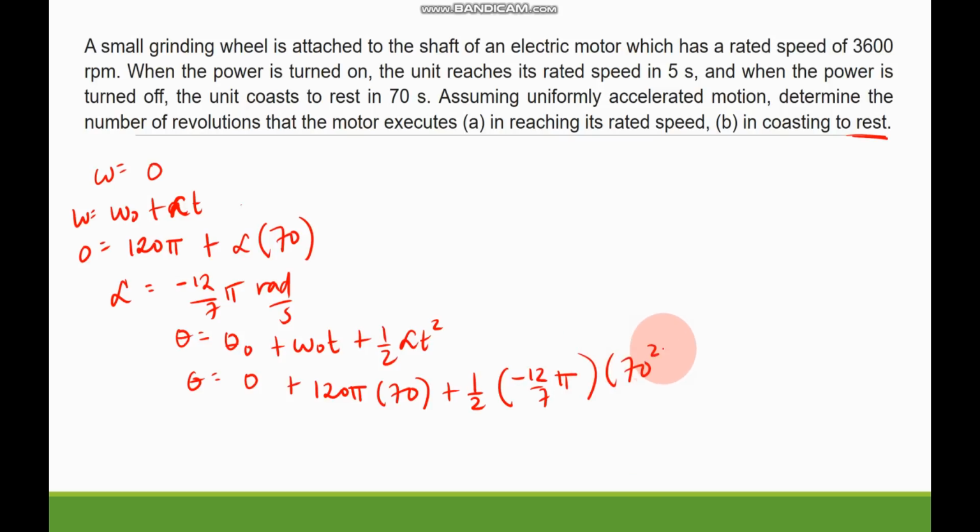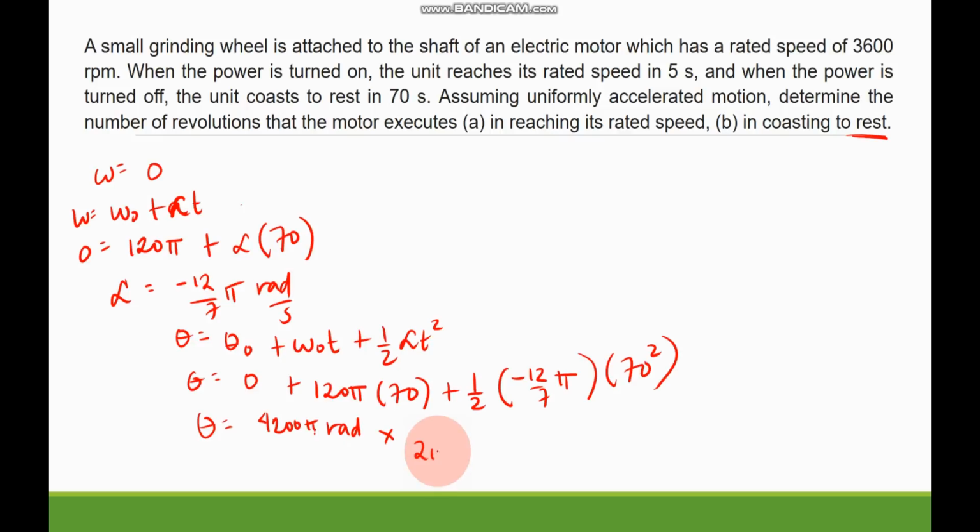Time is 70 squared. Therefore, the angular coordinate is equal to 4,200 pi rad, and it must be expressed in revolutions.